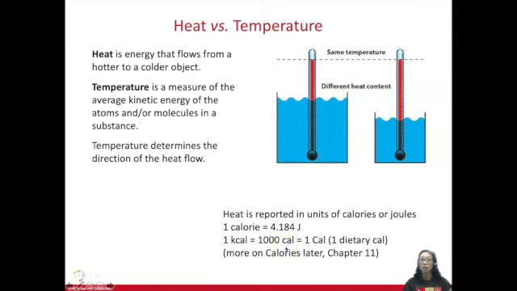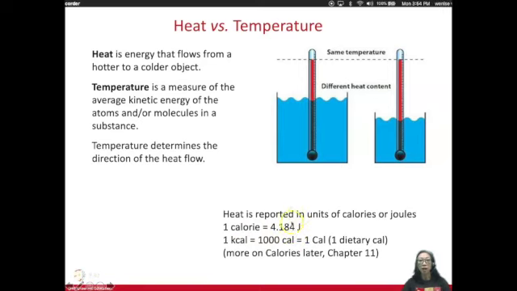And so 1,000 is the metric prefix kilo. So 1 kilocalorie, with a lowercase c, is equal to 1 uppercase C calorie. That's a nutritional calorie that you see on food labels. The chemistry calories are also equal to joules, and so you can use any of these conversion factors.